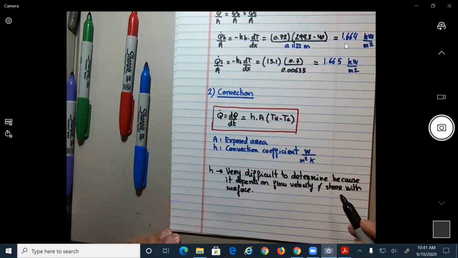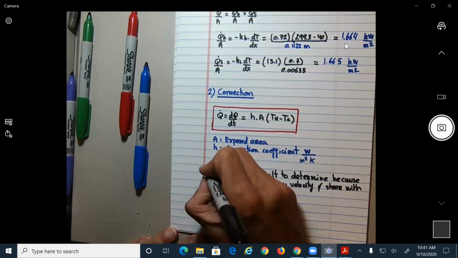So basically shear means the interaction with the surface, okay? So generally an H value will be given to you.